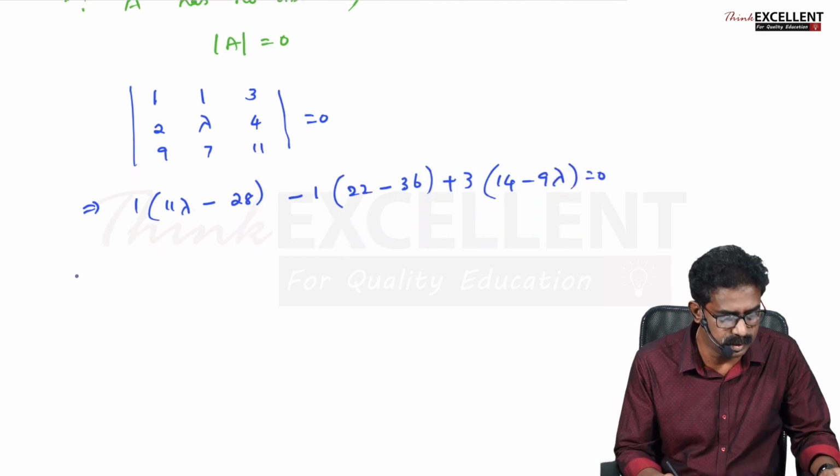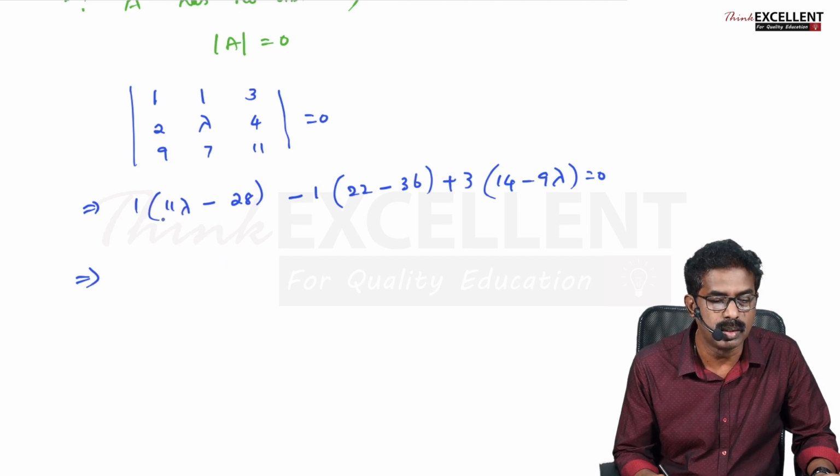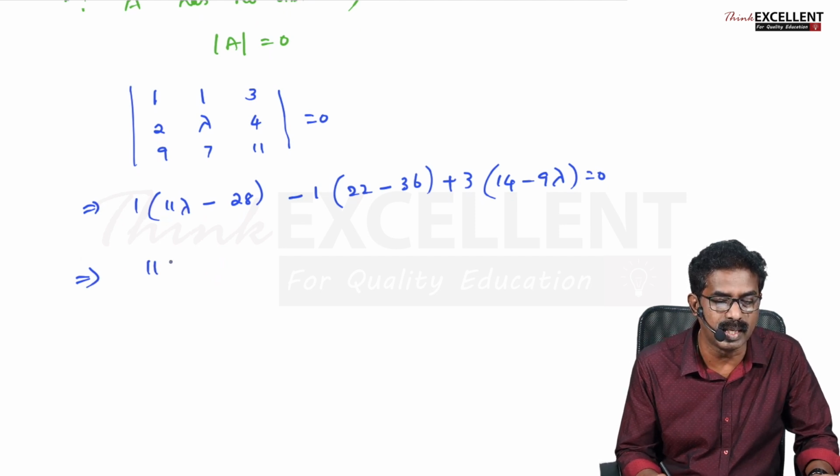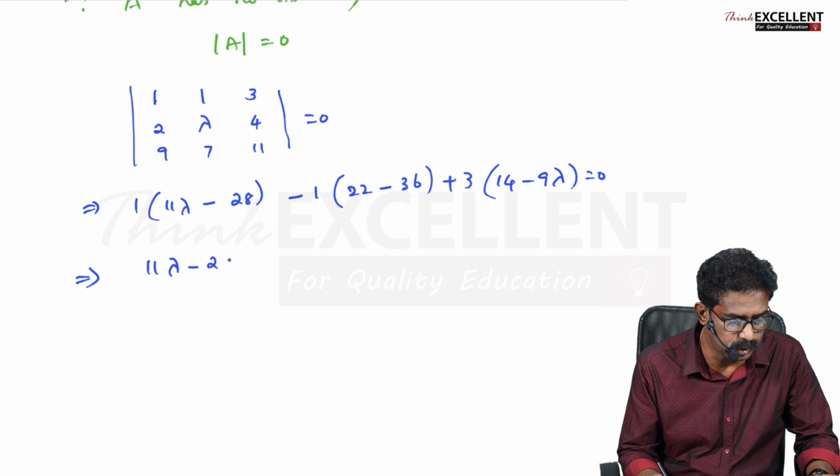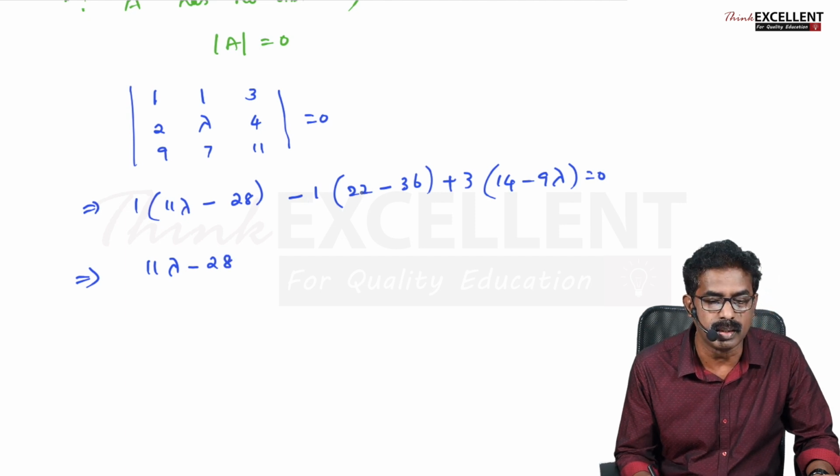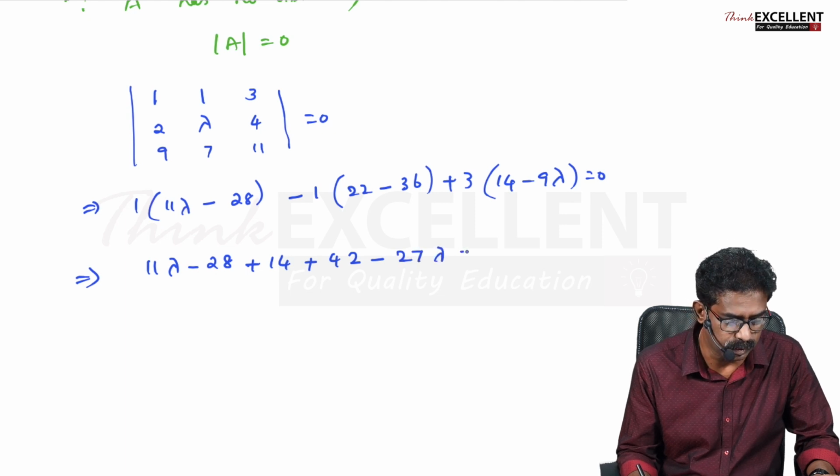Now we simplify this. So 1 into, no change, 11 lambda minus 1 into 28, 28. Then here you will get minus 14, outside a minus, so minus 1 into minus 14 is plus 14, right? Plus 42: 3 into 14, minus 9 sevens are 27 lambda, equal to 0.